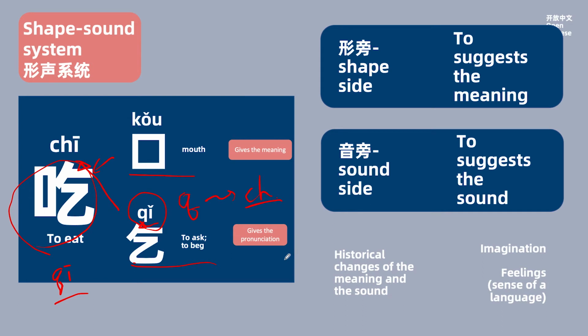Okay, so we have to know that Chinese, the language of Chinese, is a very ancient and a long evolving process. There are many historical changes with the meaning and the sound of each character, and especially with huge movement of population, the sounds get lost and get new sounds introduced by different people.